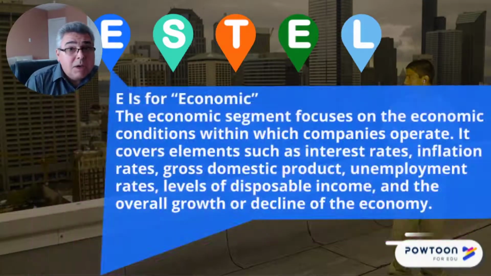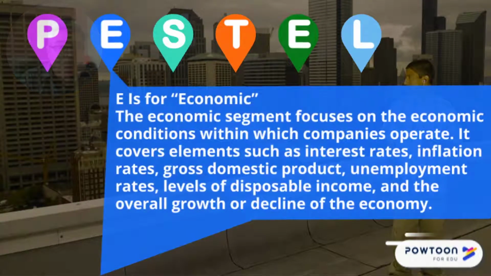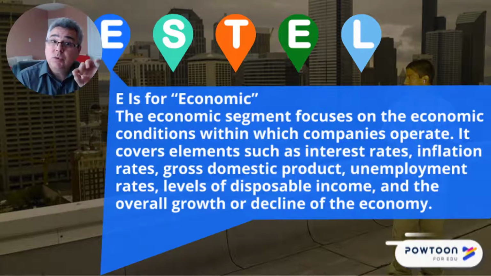On the economic side, we are talking about things such as inflation, unemployment, GDP, disposable income of the population of that region, and economic growth or decline of the economy. So those are things that we try to identify in the macro environment, and will be listed under the rubric of economic.